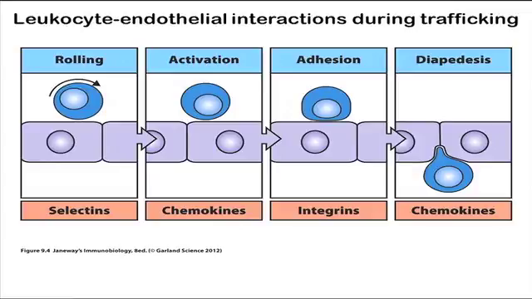The usefulness of identifying these various steps in the interaction between the leukocyte and the endothelial cell was that it allowed for the identification of specific molecules that carry out each one of these steps: selectins for rolling, chemokines for activation, integrins for adhesion, and then finally again chemokines for migration from the stuck adhesive state through the endothelium and into the tissue.